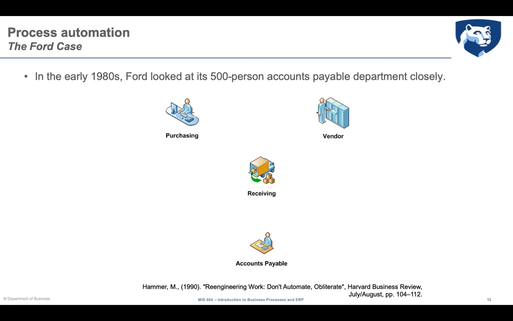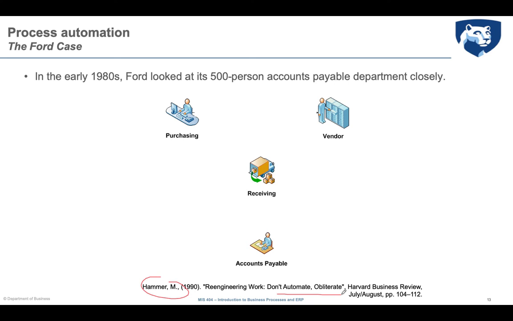There is a very popular case included in this work by Michael Hammer, 1990, Reengineering Work: Don't Automate, Obliterate, which shows exactly what happened when a company wanted to introduce an enterprise resource planning system, a transactional system to support the execution of processes.